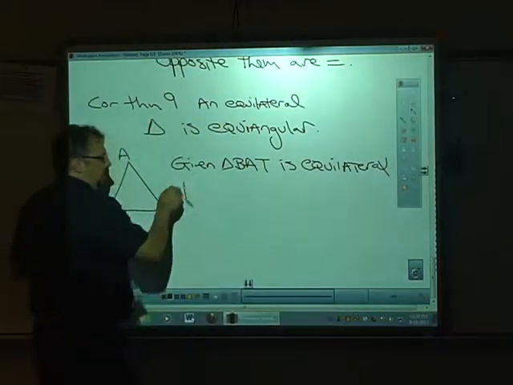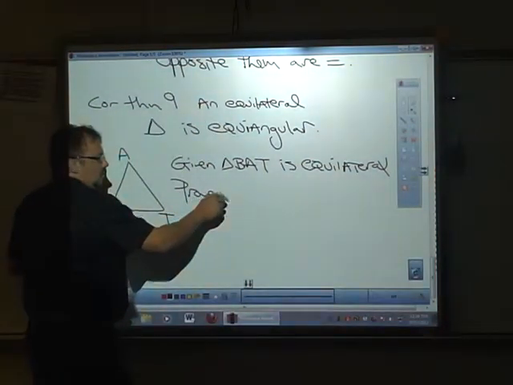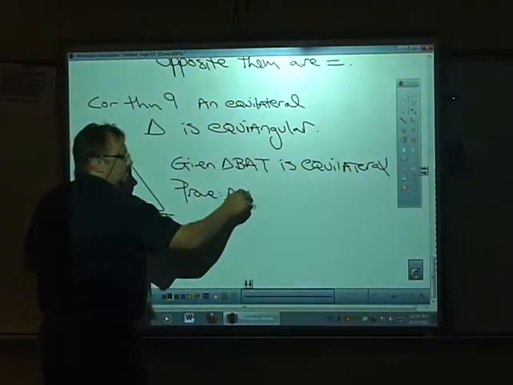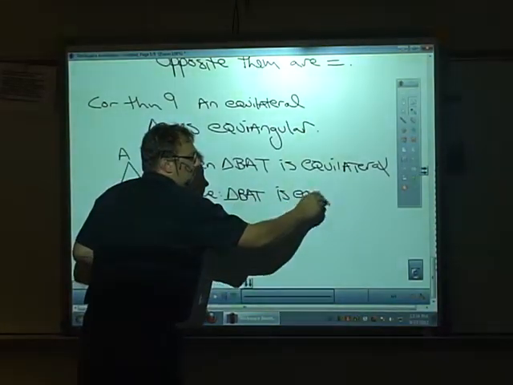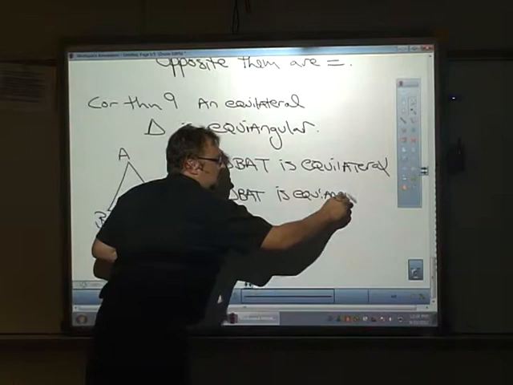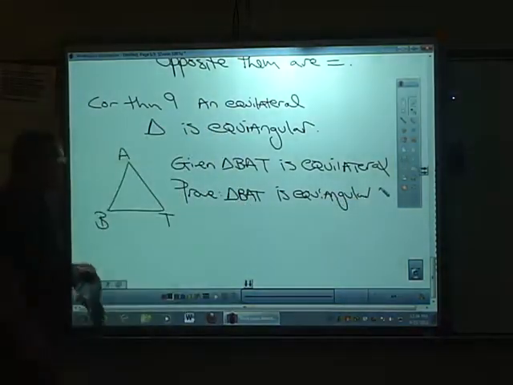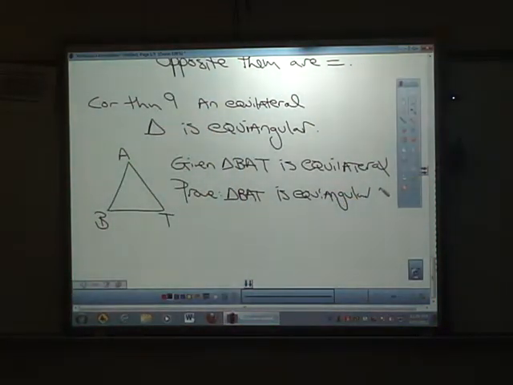I want to prove then that triangle BAT is equiangular. This is a corollary, so it's going to be a really easy proof, a very short proof.